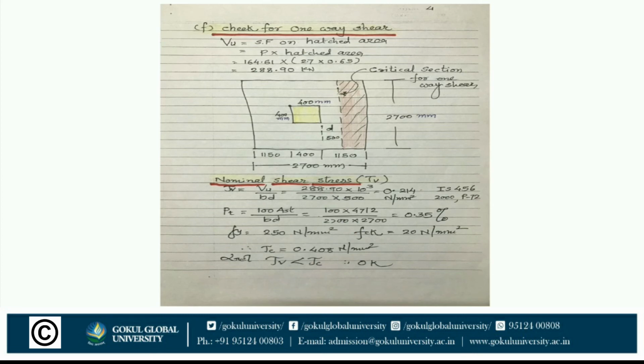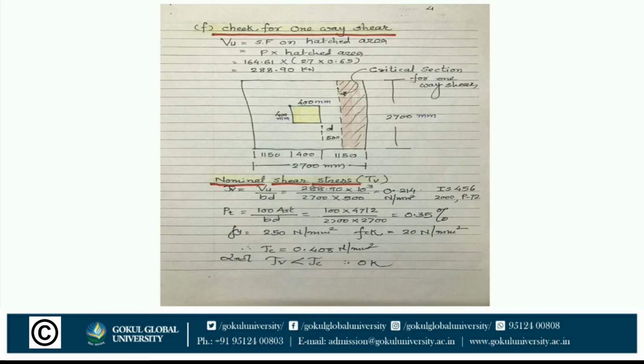For Fy 250 and for fck 20 Newton per mm square, tau c is 0.408 Newton per mm square, which is design shear stress in concrete, which is more than nominal shear stress, hence it is okay.